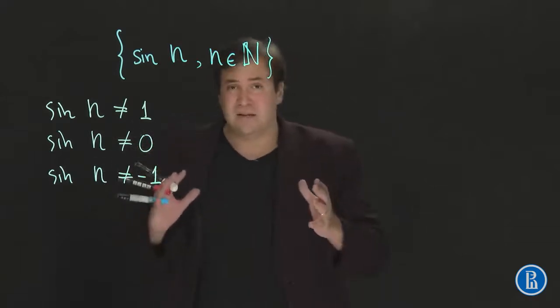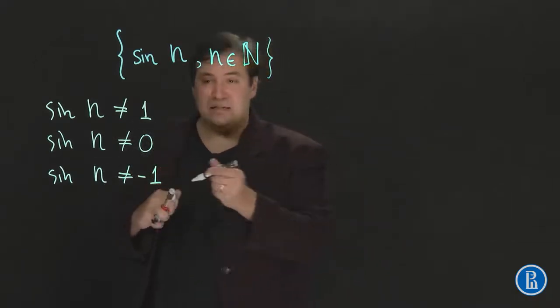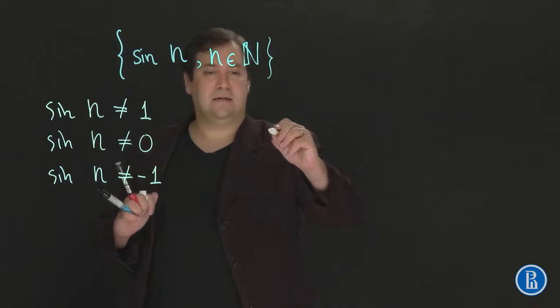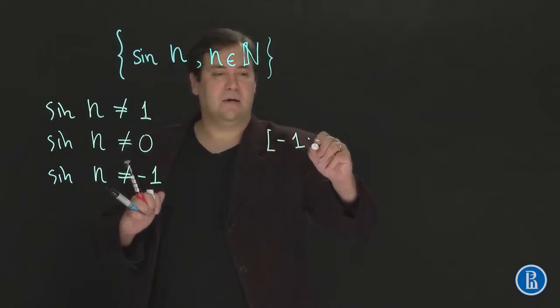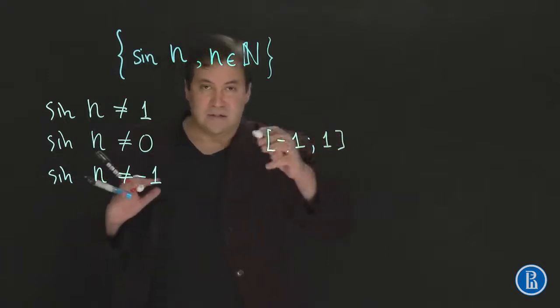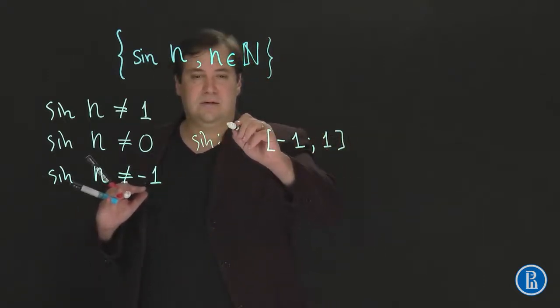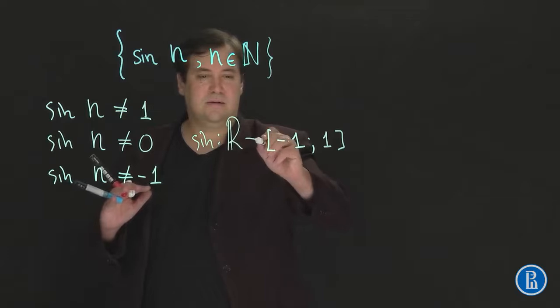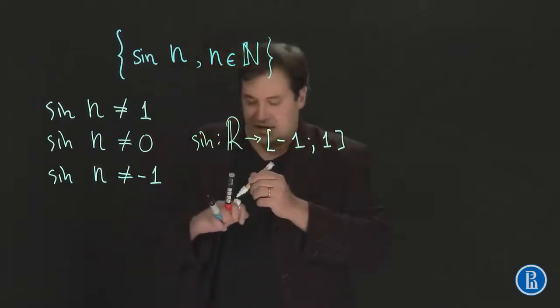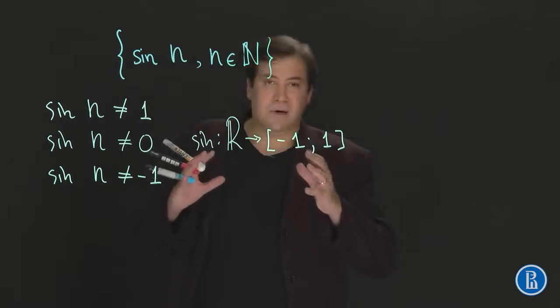And in general, how close can we get to other elements of the segment [-1, 1]? Well, we understand that all values of the sine function are inside this segment. And what about other values?